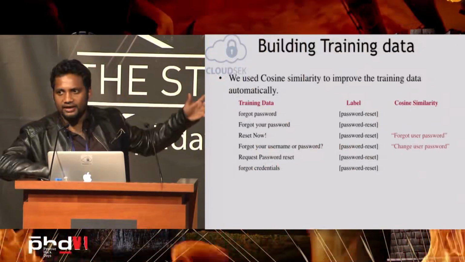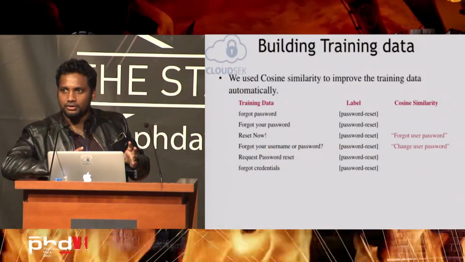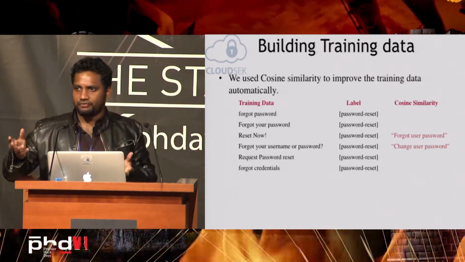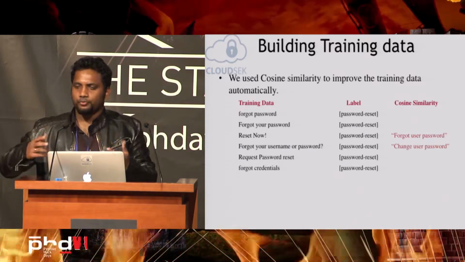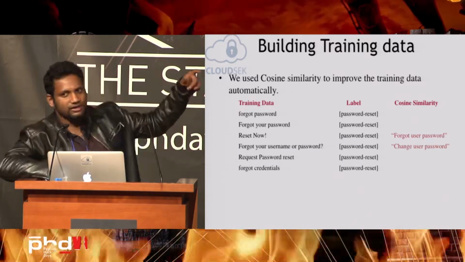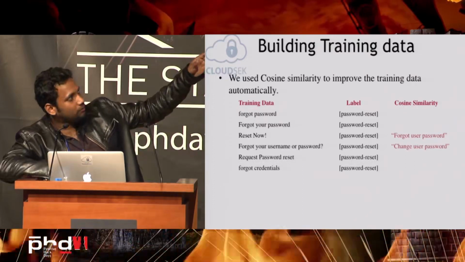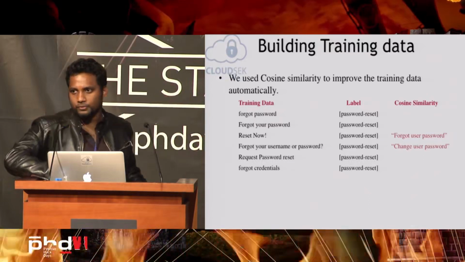Then we used an algorithm to find similar ones. The 1 GB of data which we collected was automatically labeled using the cosine similarity algorithm. We found what is similar to, for example, forgot password, and started automatically adding that label to the classifier. Yeah, thank you.